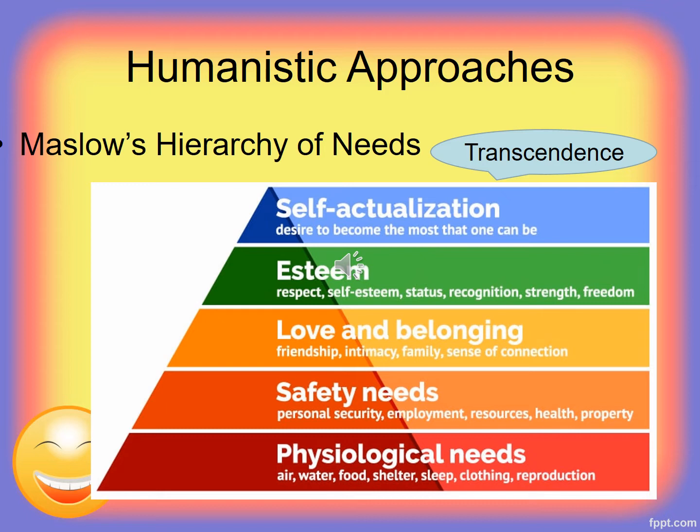The bottom will be the more basic needs which we need to fulfill in order to survive, for example, the physiological needs. So it includes food, water, air, and sex because they can actually continue our life.